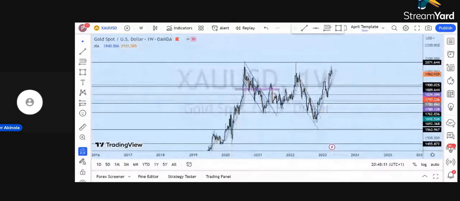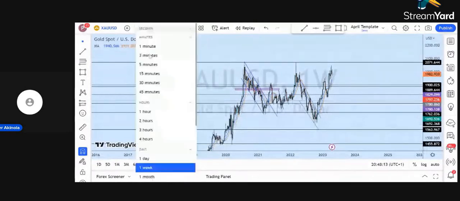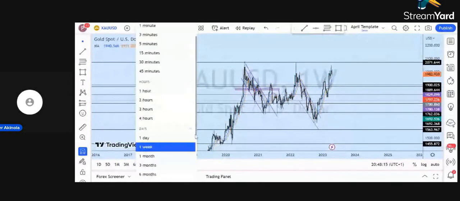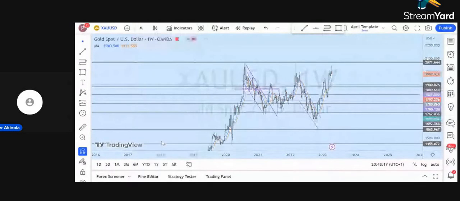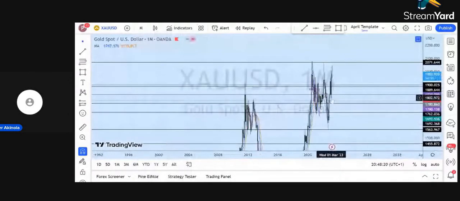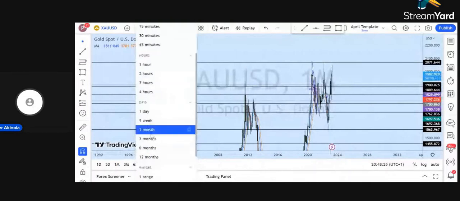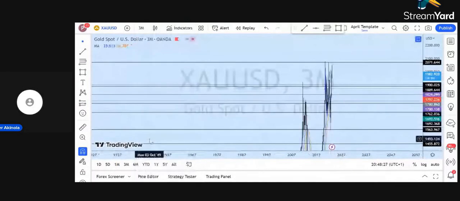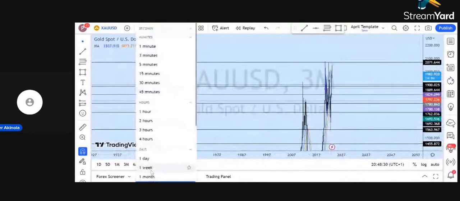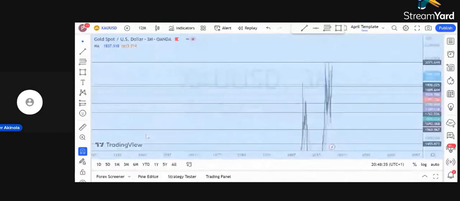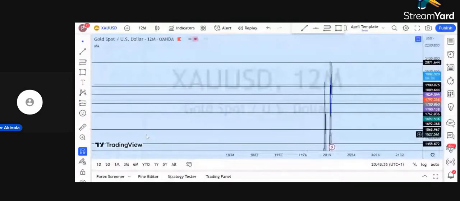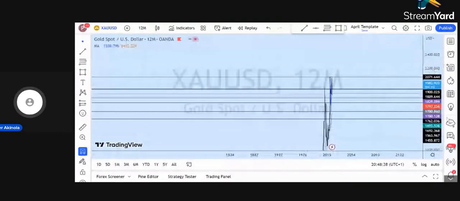So gold is trying. Wow, can you see that? Are you seeing what I'm saying? 3 months. Let me go to 12 months. Are you seeing what I'm saying?